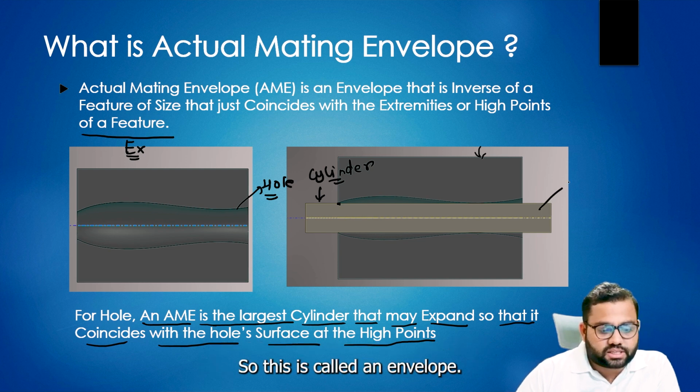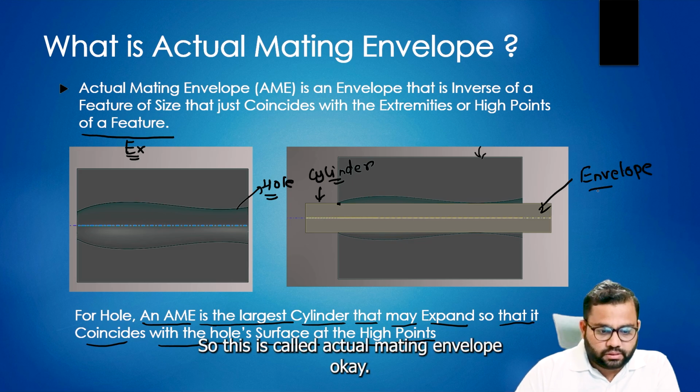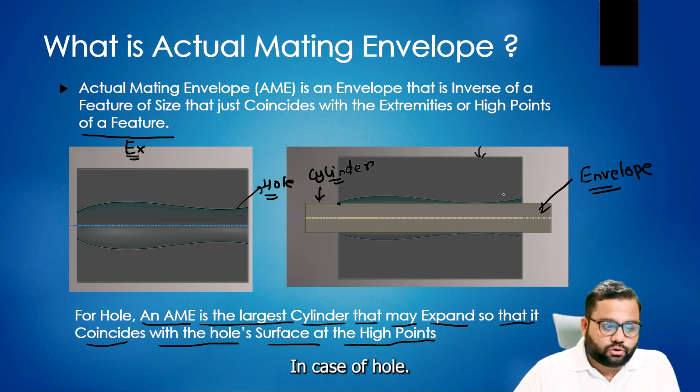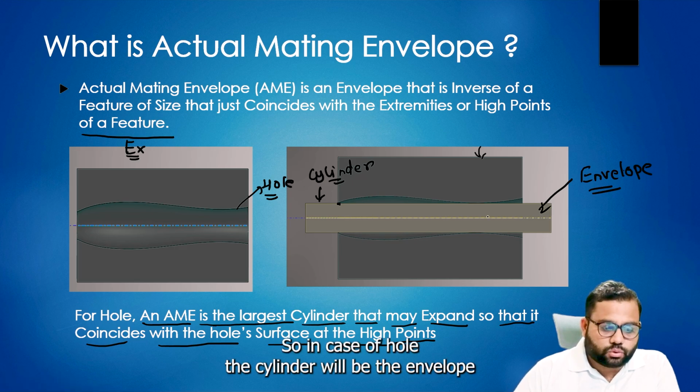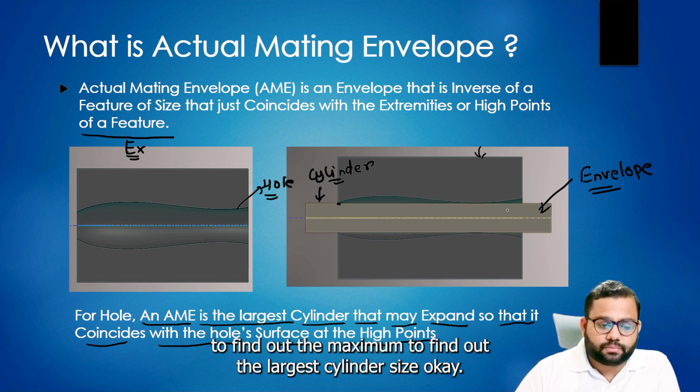This is called an envelope. So this is called the actual mating envelope in case of hole. In case of hole, the cylinder will be the envelope to find out the largest cylinder size.